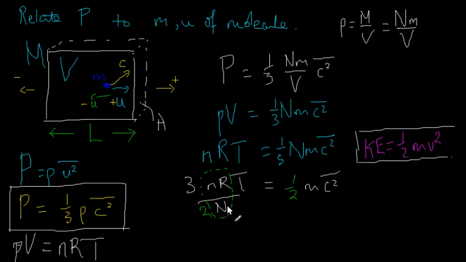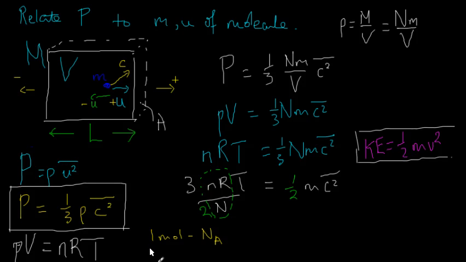The n here, the number of molecules, is related to the number of moles. If you recall, 1 mole means the Avogadro constant number of particles.